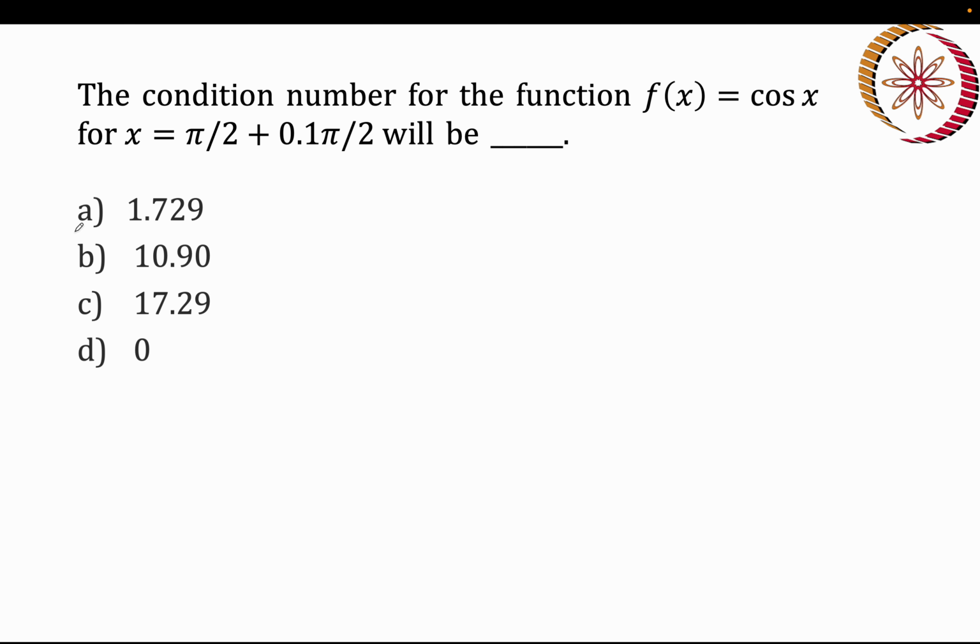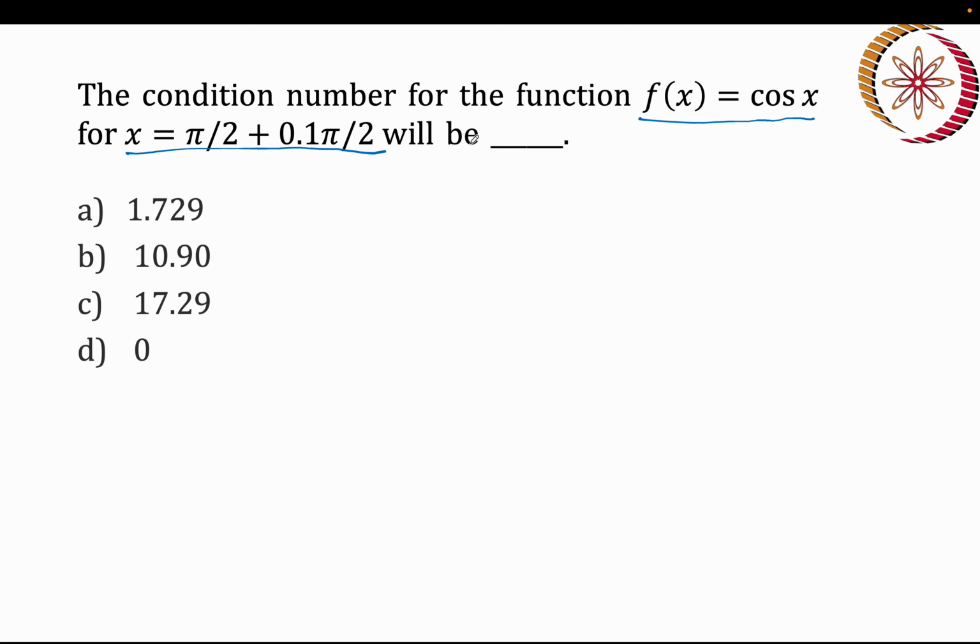Okay, so the next question is the condition number for the function f of x equals cos x, and x is given. What we want to find out is the sensitivity, how rapidly this function responds around this point.